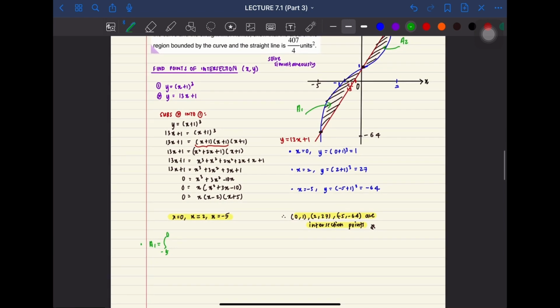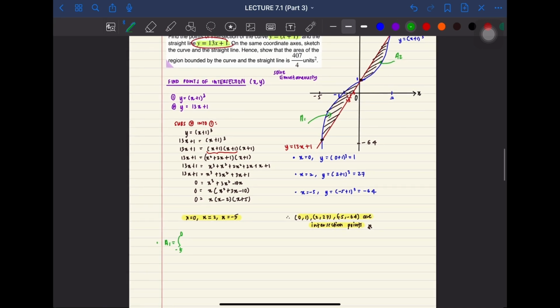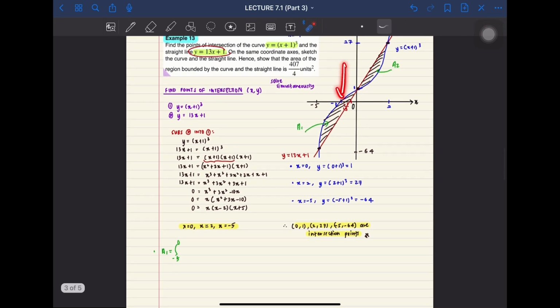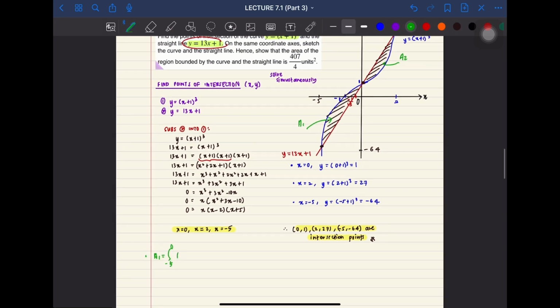Okay, negatif 5 sampai 0. And then atas tolak bawah. So daripada atas kita jumpa the curve. So this one akan tolak dengan this one. So (X plus 1) kuasa 3 tolak (13X tambah 1) dx. Okay, jangan lupa letak bracket. Bila nampak negatif letak bracket sebab kena darab masuk tu negatif.